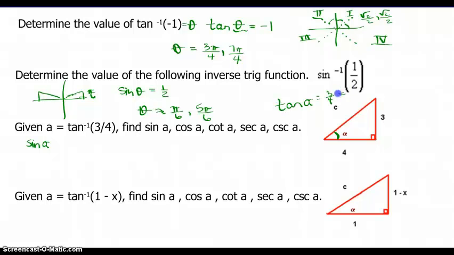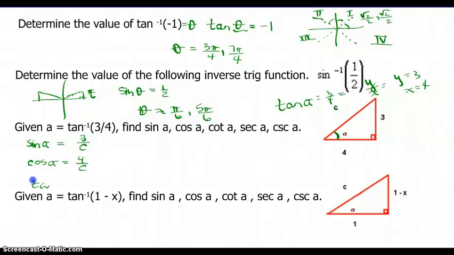We know that tangent is opposite over adjacent. So I know I have a y value of 3 and an x value of 4, and I have labeled my triangle that way. This allows me to find the sine of alpha. Here, the hypotenuse is just called c. The sine of alpha is 3 over c. The cosine of alpha is 4 over c.